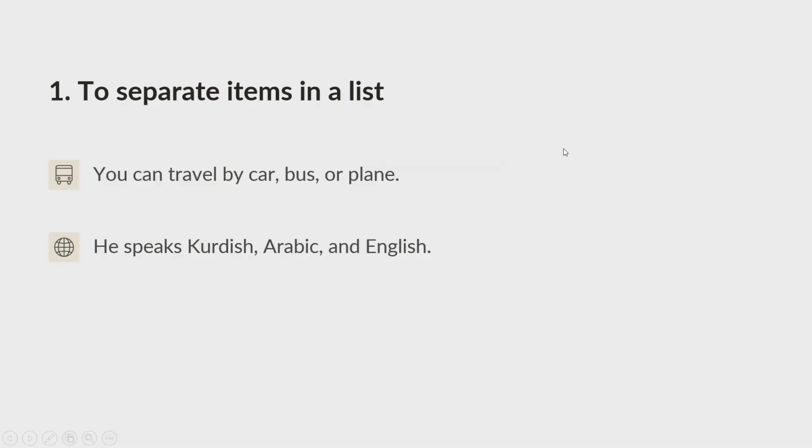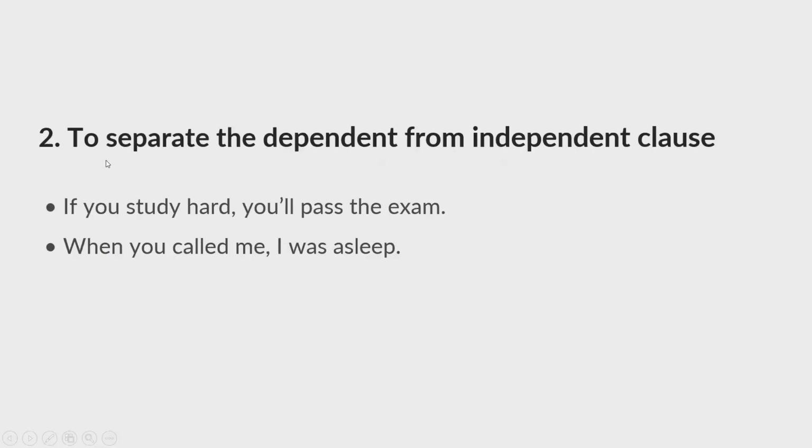Number one. Second, the second use of commas is to separate the dependent from the independent clause. Usually, in complex sentences, as you can see, if the dependent part, if you study hard, this part is dependent, comes first, we need a comma to separate the first part from the second part. If you study hard, you'll pass the exam. And how do we know that this sentence is complex?